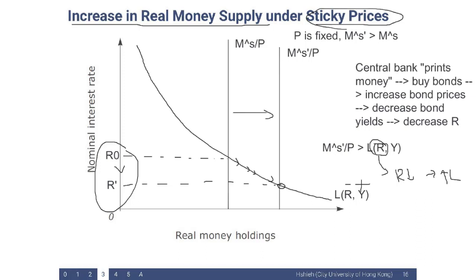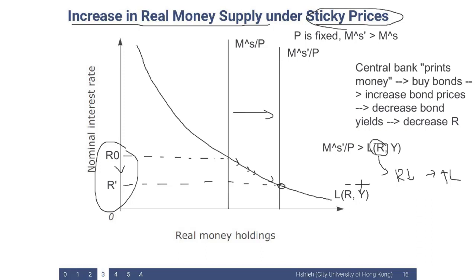Negative and positive. Right? The economics is, in order to change interest rates, the central bank must do some asset purchases. The central bank conducts open market operations. It prints money and buys assets, expanding its balance sheet.